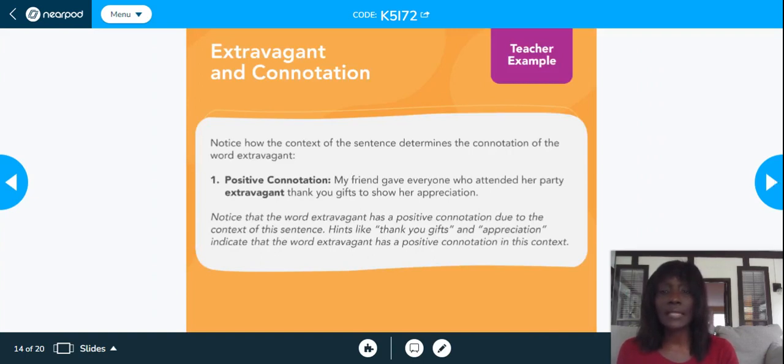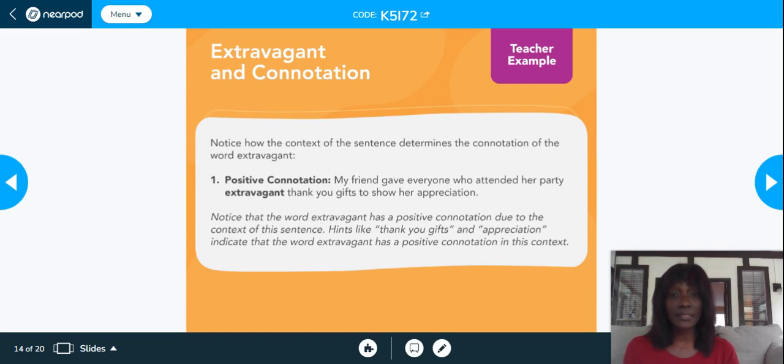Let's look at the following sentence. My friend gave everyone who attended her party extravagant thank you gifts to show her appreciation. And we're determining if extravagant in this sentence is a positive connotation or a negative connotation. We automatically know it's positive because it says positive on the page.